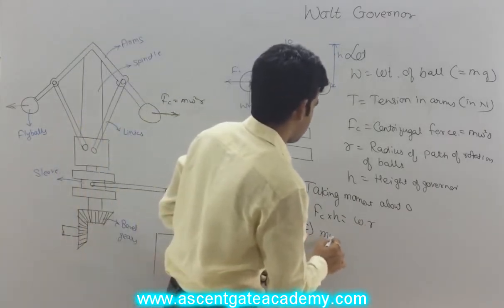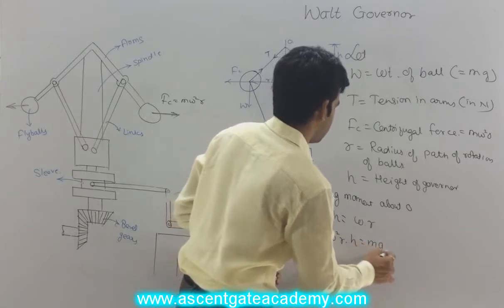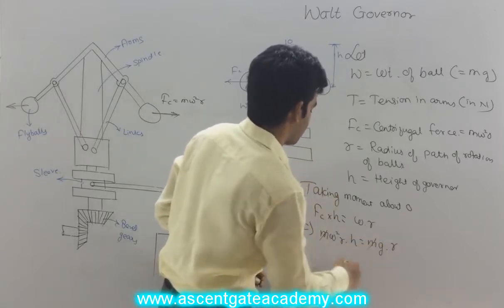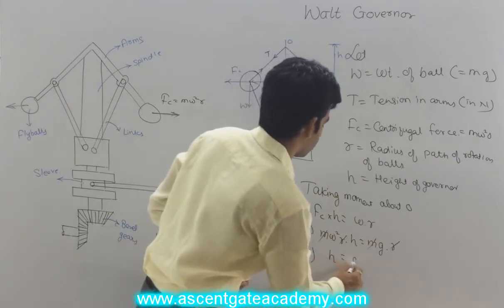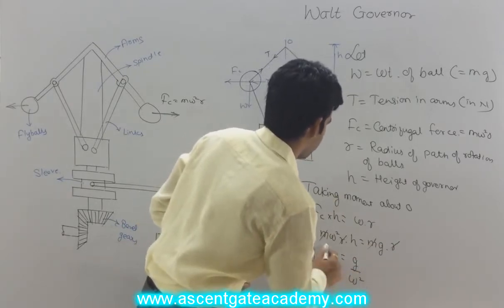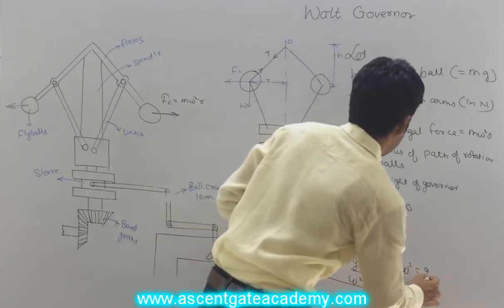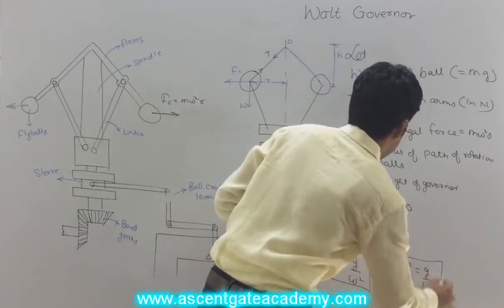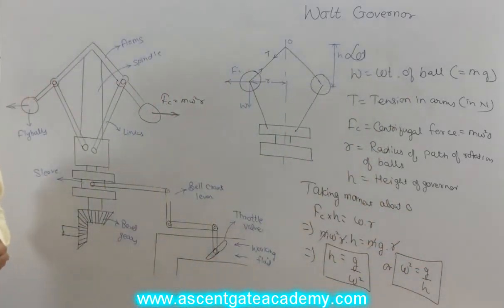Fc is m omega square r into h, and W is m into g into small r. The m gets cancelled out, the r gets cancelled out. From here you can get h equal to g by omega square, or omega square equal to g by h. This is for the simple watt governor.